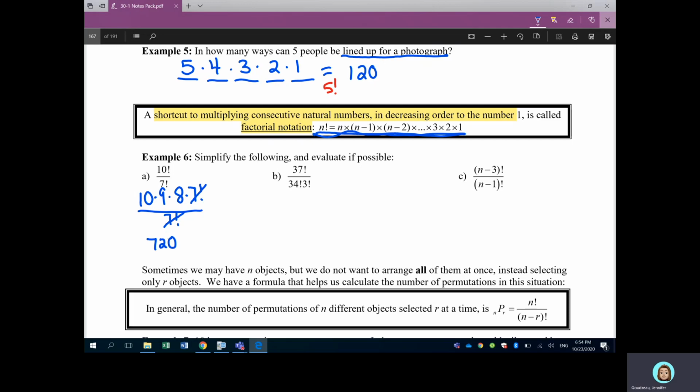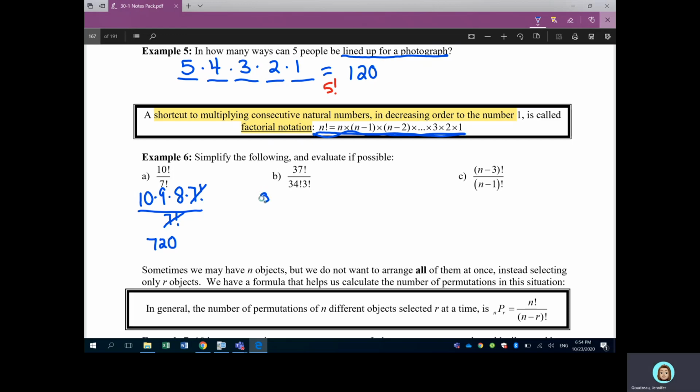So again, we choose the n value that is higher. We expand that factorial using the definition of a factorial, but we only expand until a point where we can simplify, and then we evaluate. In part B, I see a 37 factorial, a 34 factorial, and a 3 factorial. 37 is the largest number, so that is the one that I'm going to expand.